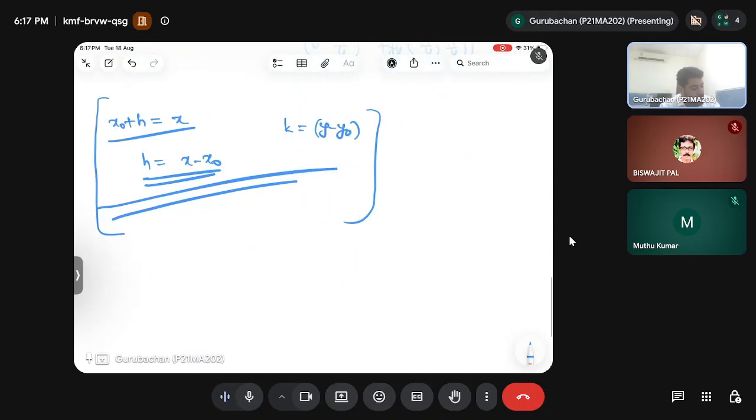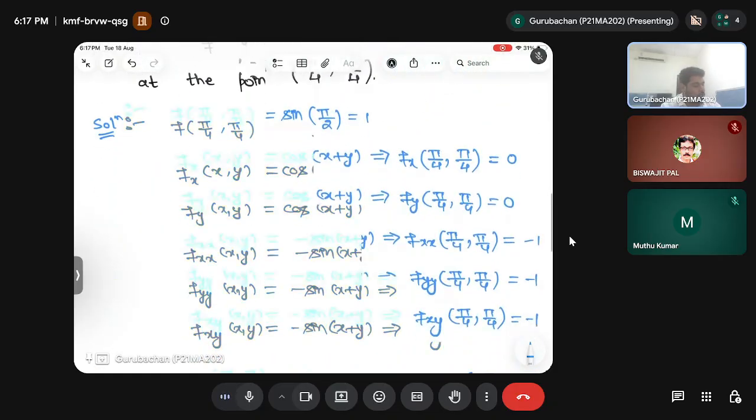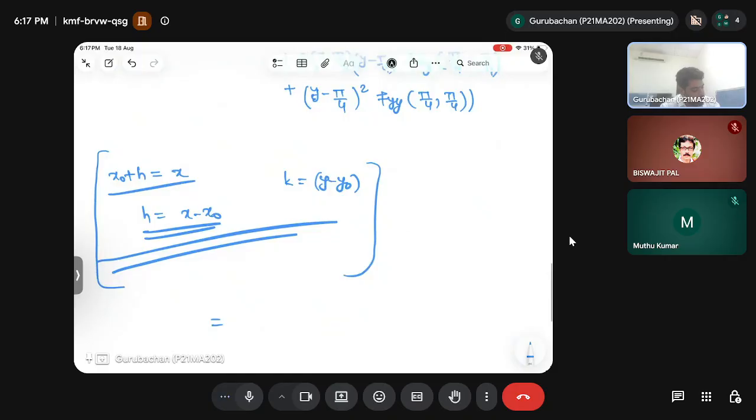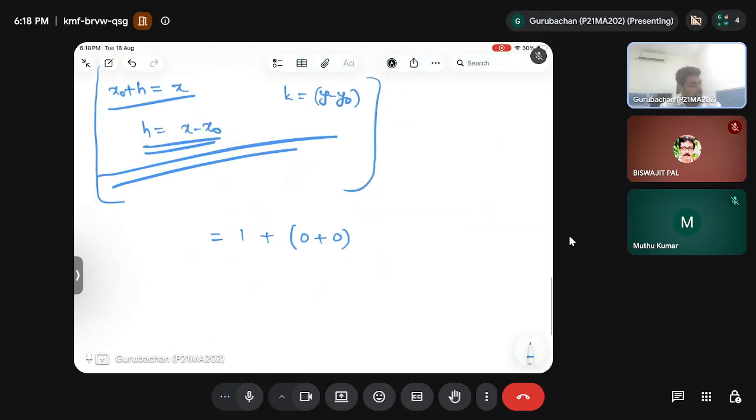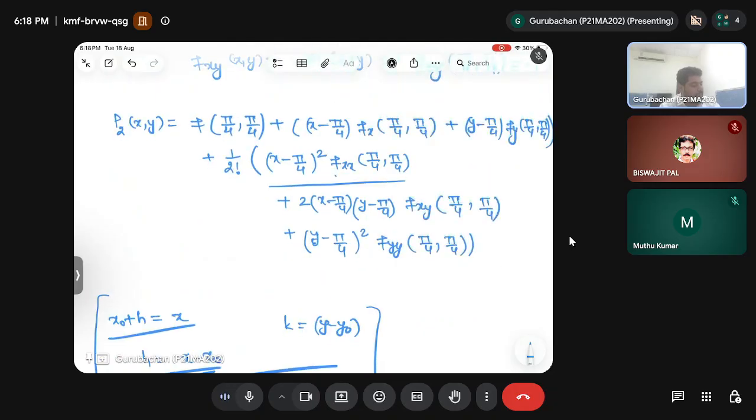Now substitute all the values. What is the value at x naught y naught? That is pi by 4 comma pi by 4, it is 1. 1 plus x minus pi by 4 into 0, it will be 0. Again it will be 0. In the 1 by 2 factorial, all these factors, this will be minus 1, this will be minus 1, this will be minus 1.